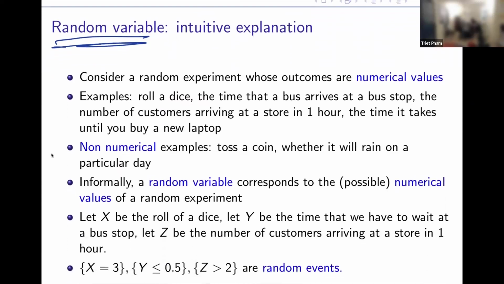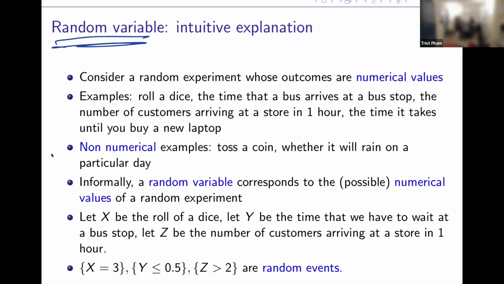So informally, because if you want to do it formally, that's the topic of a course called measure theory, a random variable, the topic here, is basically a way to assign numerical values to events. Not all events have numbers.